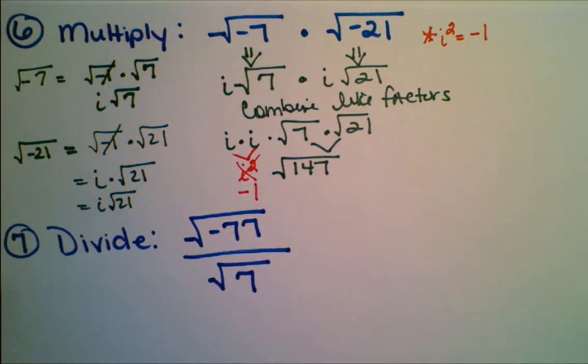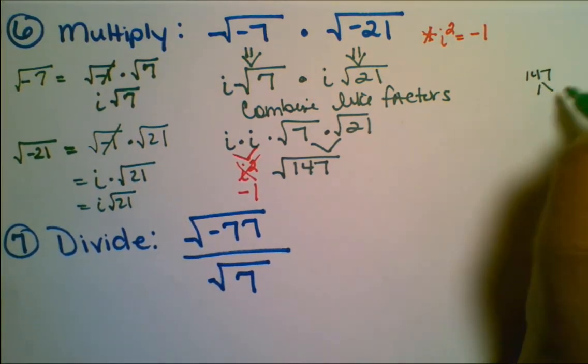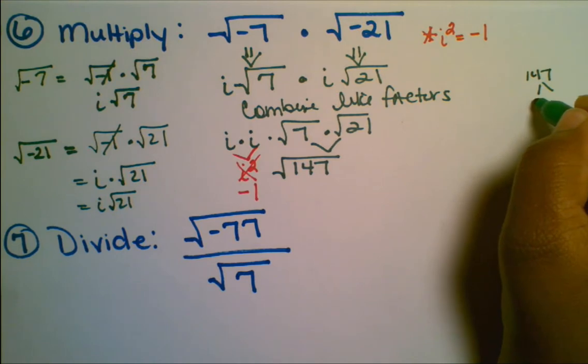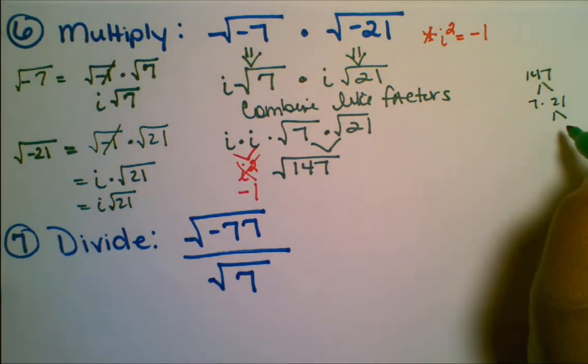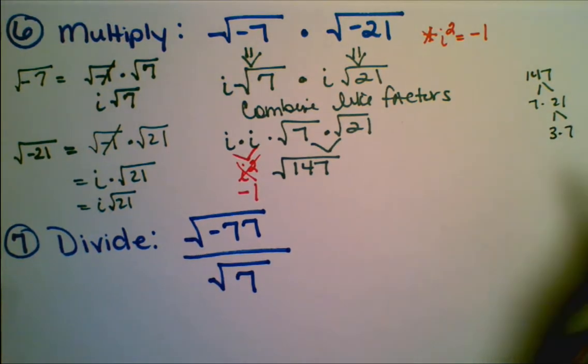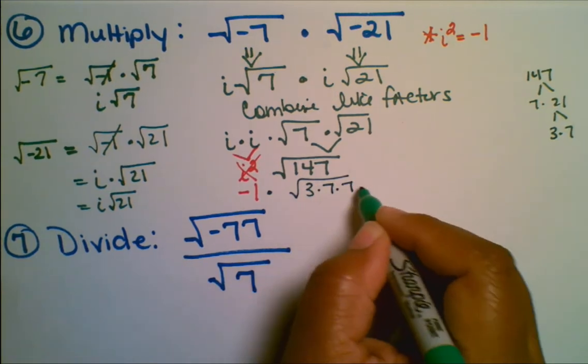And then let's simplify the square root of 147. You have 7 times 21, break down 21: 3 and 7. So then we have here 3 times 7 times 7.